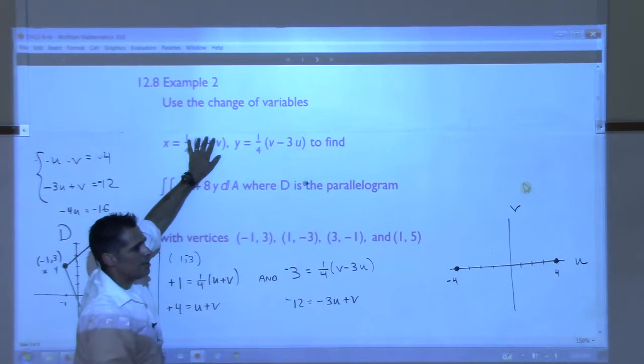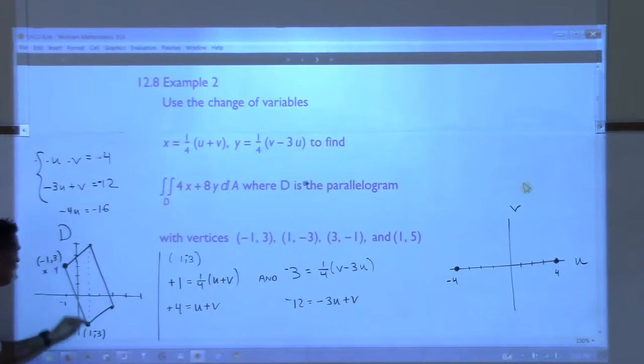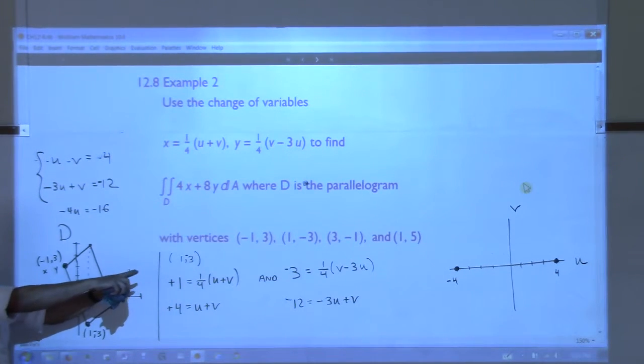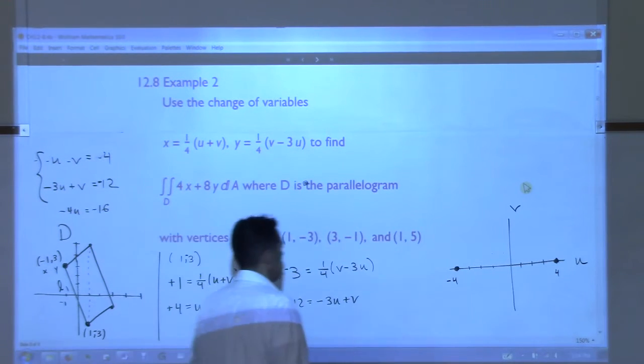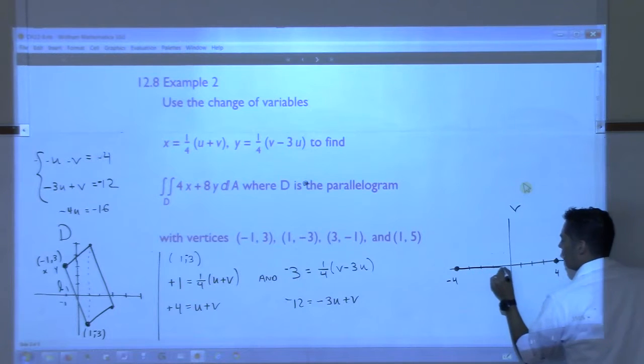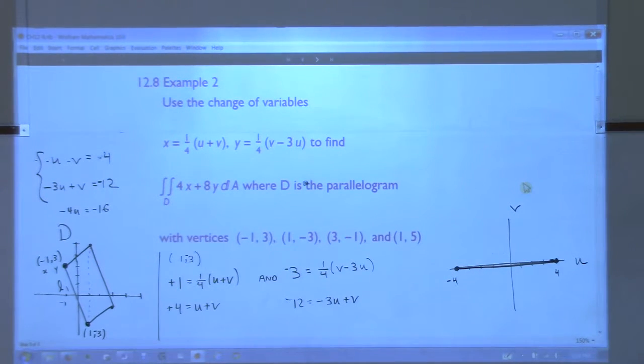U, v, these are not squared or anything like that. If these are linear transformations, then line segments go to line segments. So this line segment here that connects these 2 points should be transformed into a line segment that connects those 2 points. So basically this line, I'll call it L1, is actually this line right here, from here to here. All right?